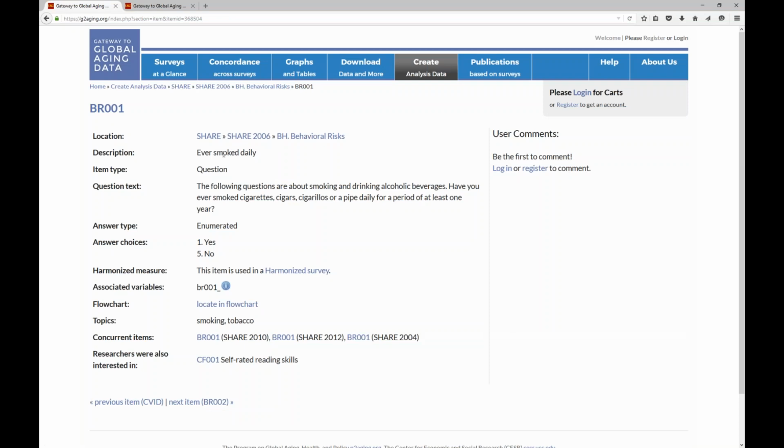We include a brief description, so ever smoke daily. And then we include the question text. In this case, it's: the following questions are about smoking and drinking alcoholic beverages. Have you ever smoked cigarettes, cigars, cigarillos, or a pipe daily for a period of at least 1 year? So that's the question that was asked.